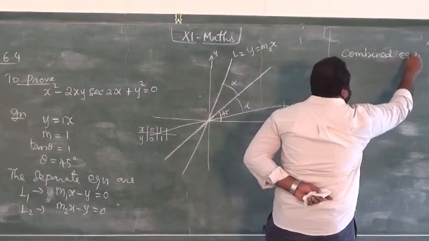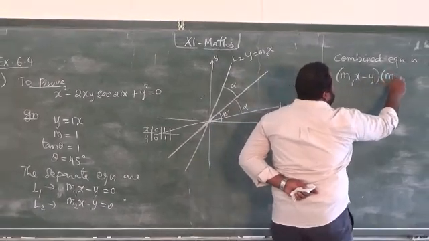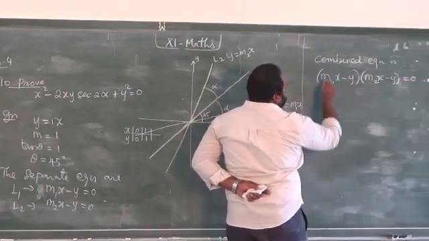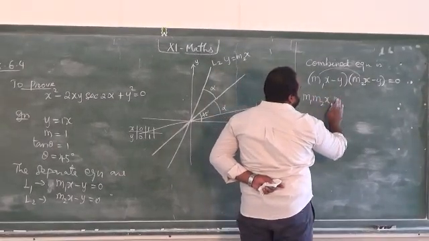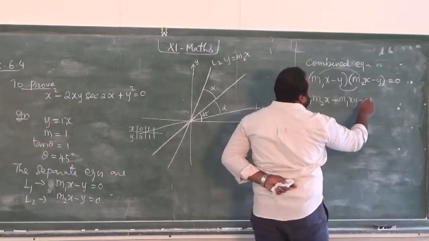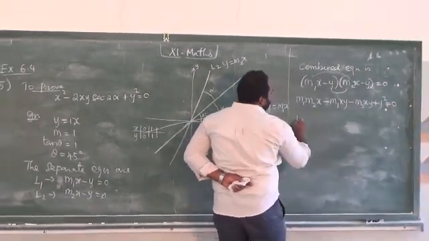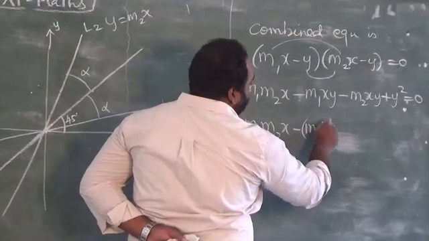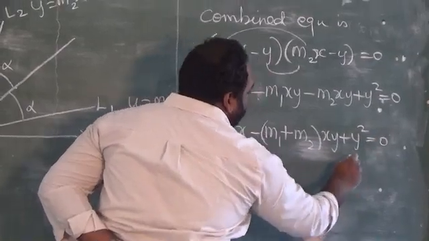Combined equation is m1x minus y into m2x minus y equal to 0. Multiply every term: m1 m2 x square, then minus m1xy, next minus m2xy, minus into plus equal to 0. m1 m2 x square minus m1 plus m2 xy plus y square equal to 0.